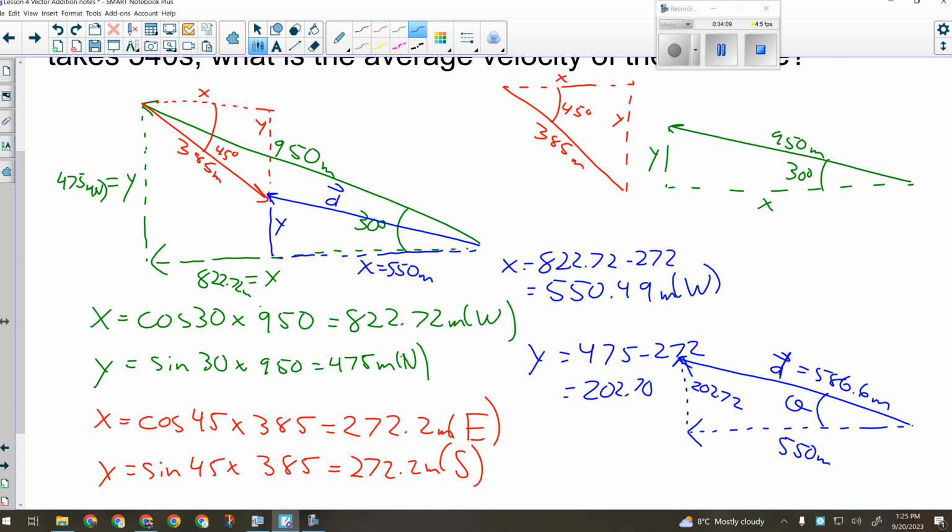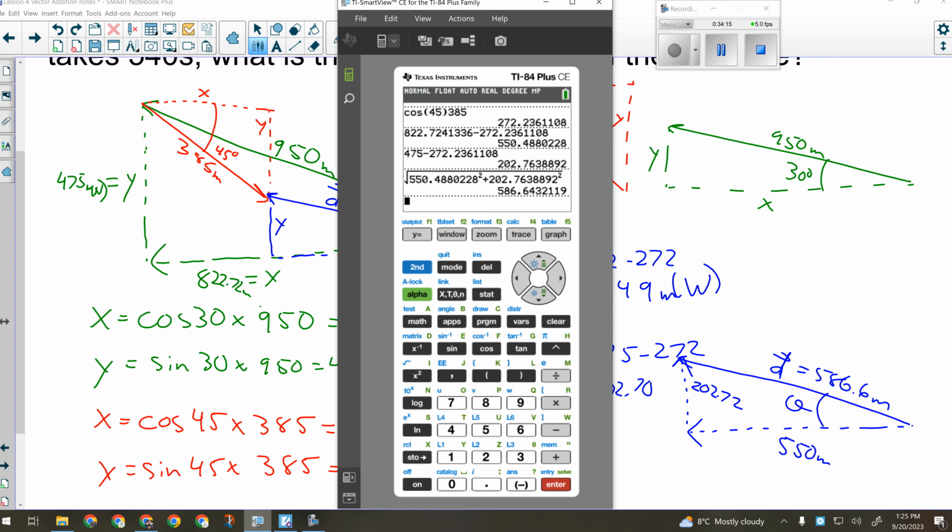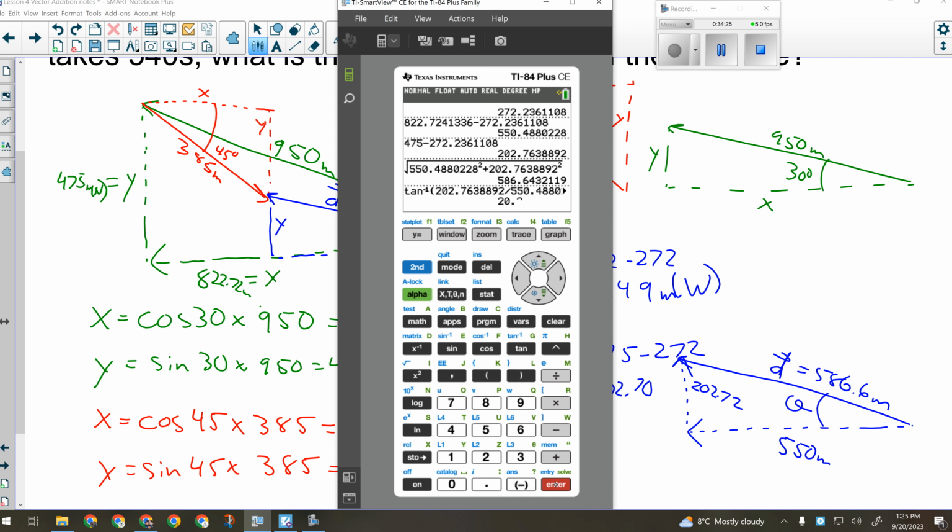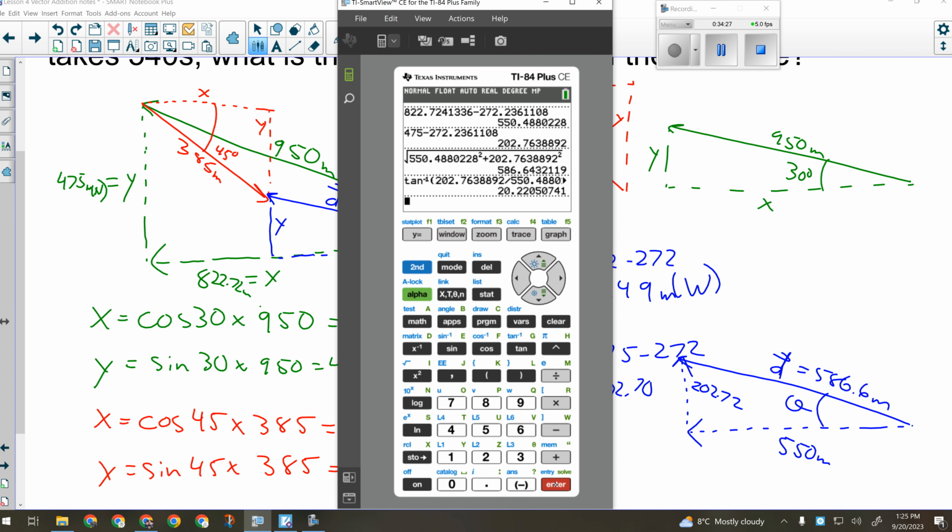And then we'll calculate theta using tan, because y is the opposite side, the way I drew that. So inverse tan of the 202 divided by the 550 gives me 20.2 degrees.